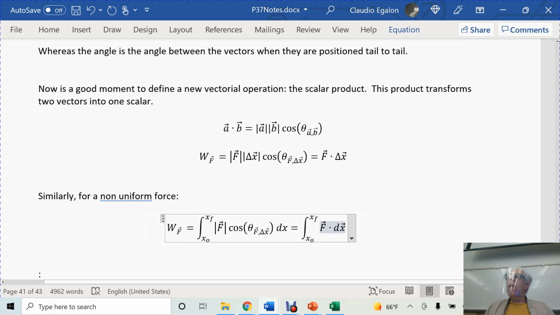Okay? And in this case, because now I'm writing the vector dx, I have to redefine my limits. My limits now need to be written as vectors as well, because we are integrating over a vector.